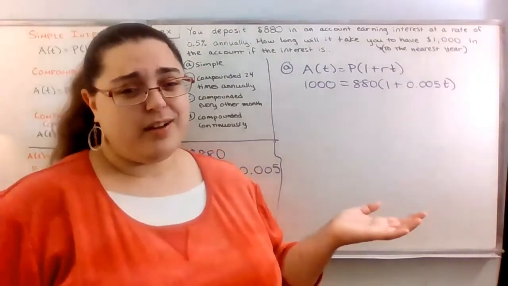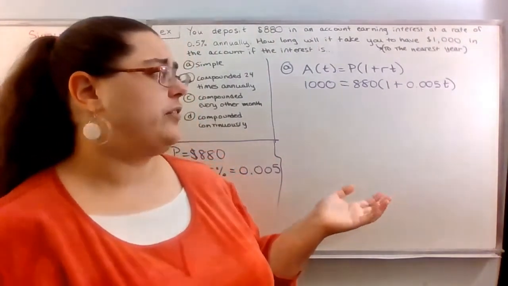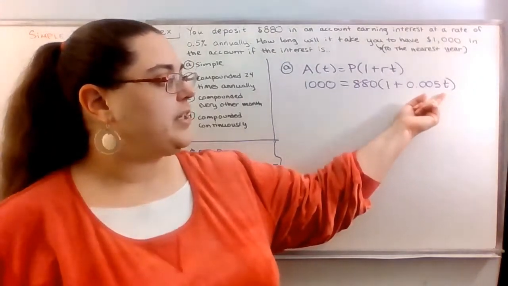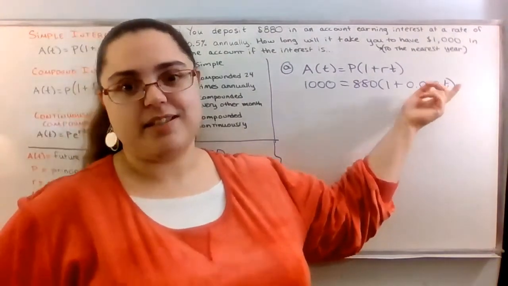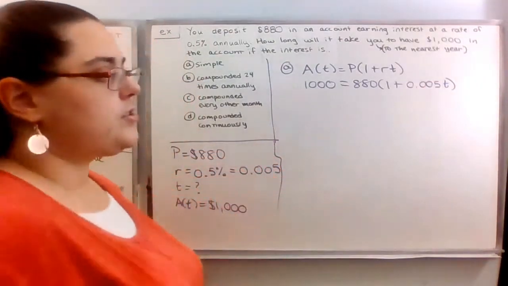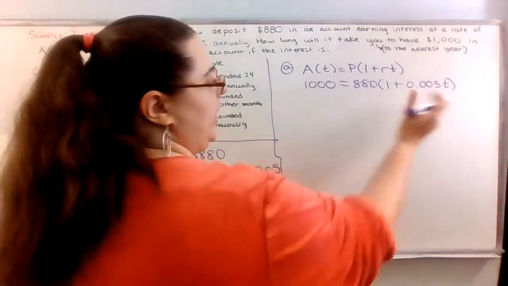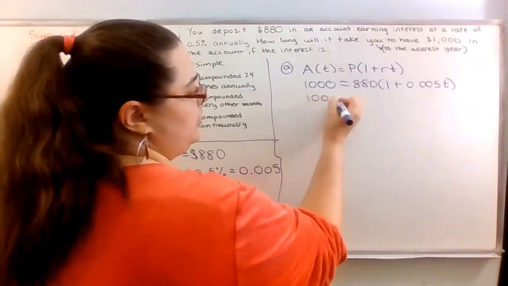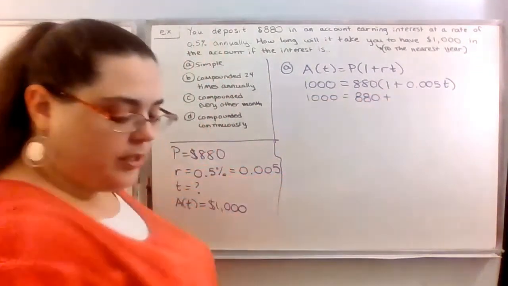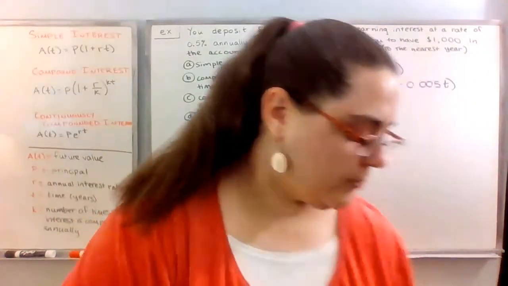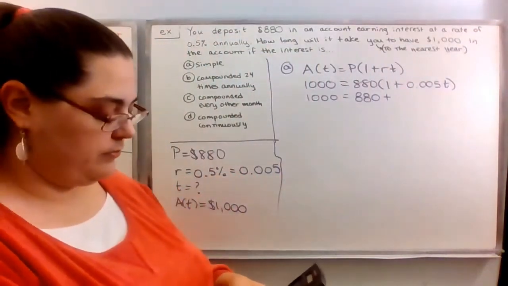So now we have a linear equation to solve. It's linear because T is just a T. It's not like e to the T or T squared. So if we wish, we can distribute that 880. Let's go ahead and do that. We'll need to do 880 times 0.005.